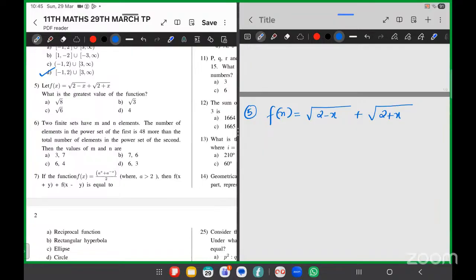Okay. 2 plus domain between x square, f of x the whole square. Okay.